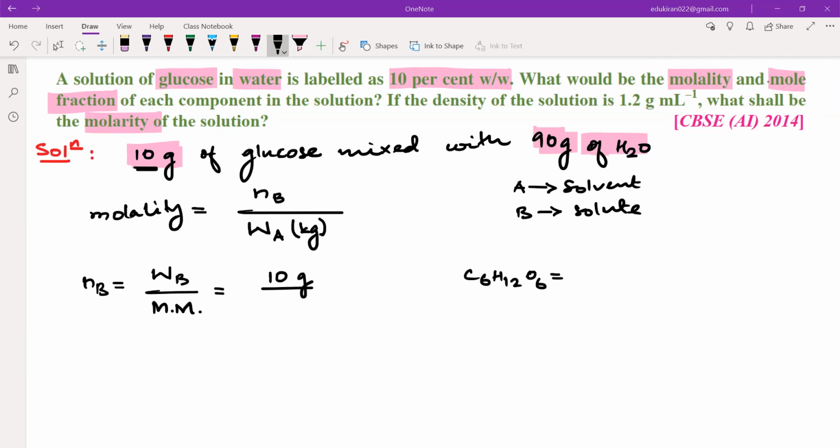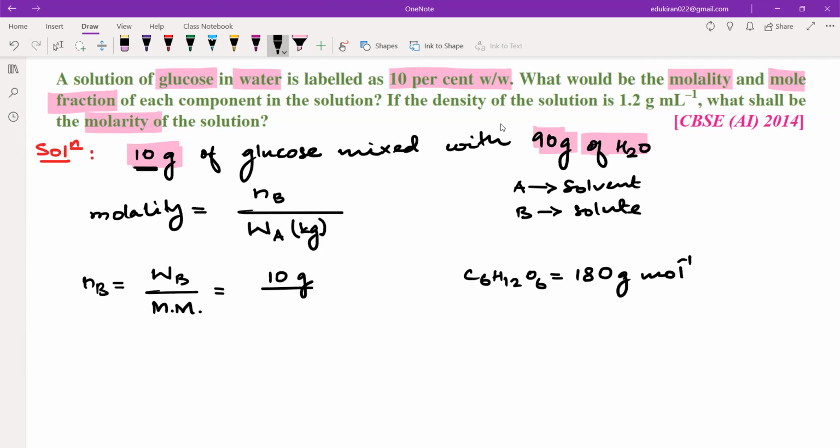Are you guys calculating, yes or no? Yes, sir. Calculate molar mass. Yes, Krishna, correct. 180 grams per mole.